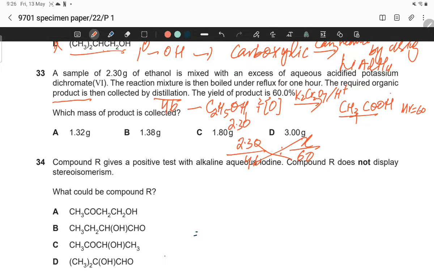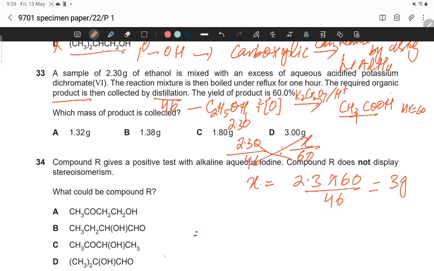So x is equal to 2.3 into 60 divided by 46, which is equal to 3. So this is 3 gram.